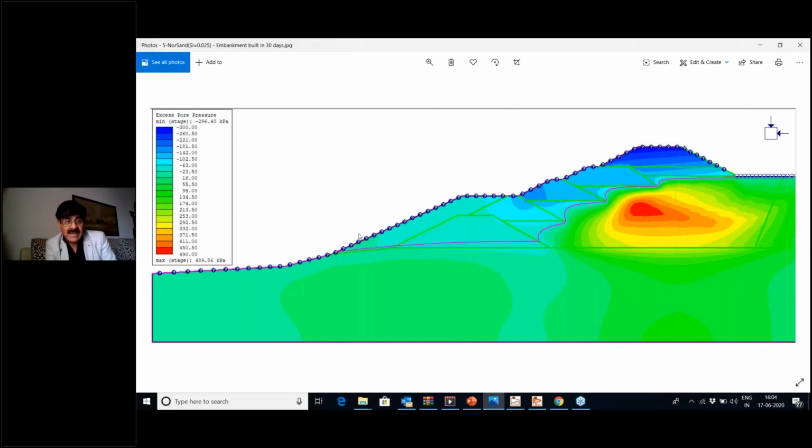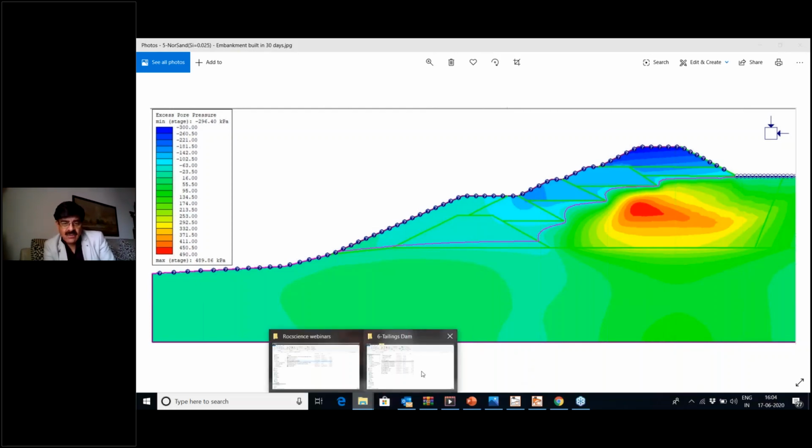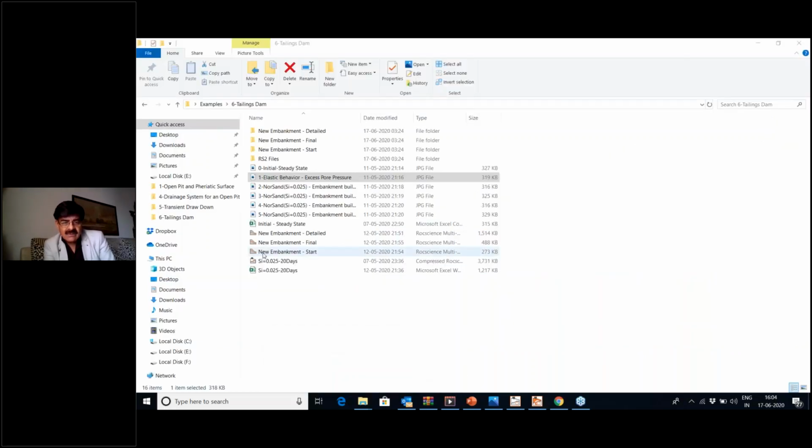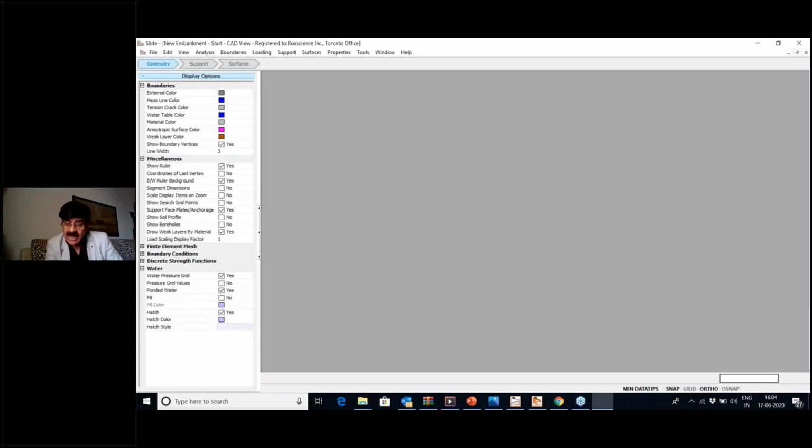Now, we are looking at the excess pore water pressure values, but let's look at the factor of safety also, and for which we go to the slide model and go to the example and go to slide model, in which we'll import the results of the analysis of consolidation done through RS2.